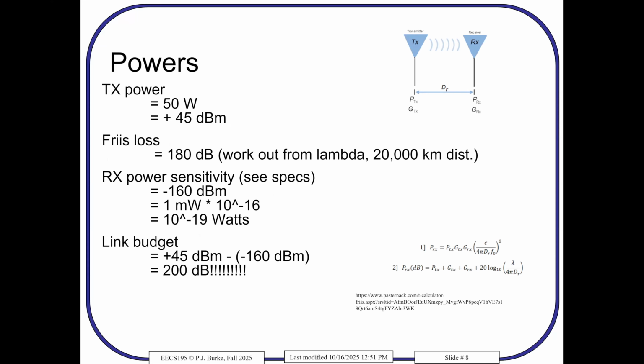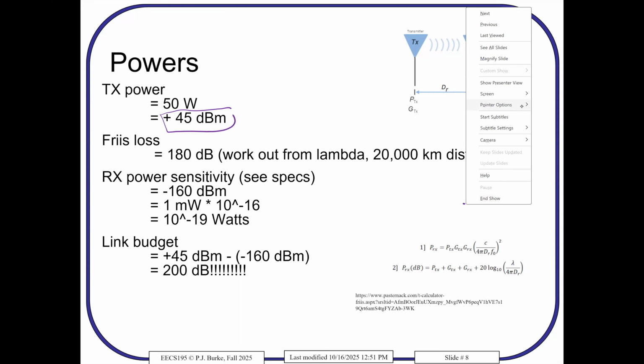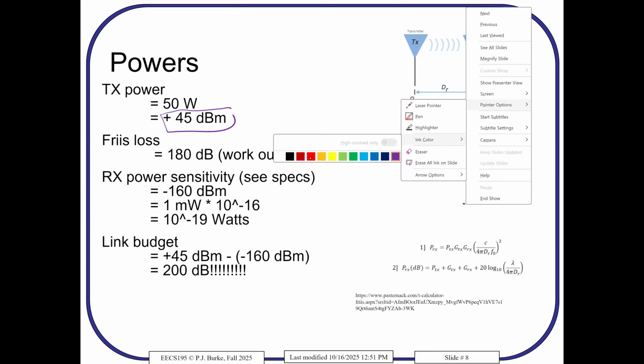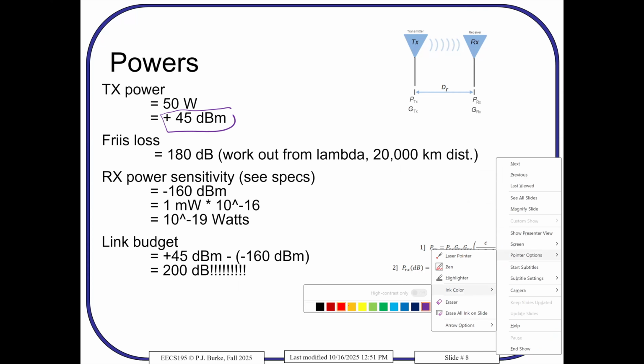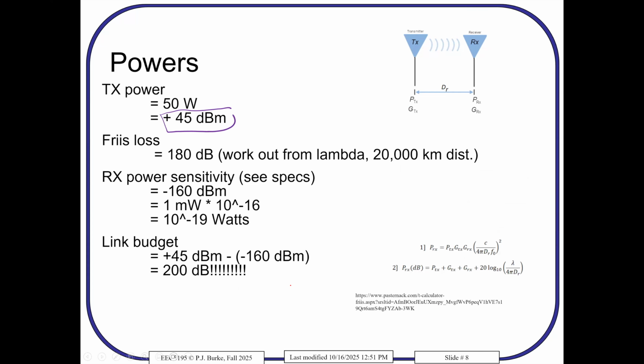Now, I would think that satellites would put out a kilowatt of power because it seems like it should be possible. But in practice, GPS satellites only put out about 50 watts of RF power. So that's plus 45 dBm in dBm units. And it's an interesting exercise to work out the signal and noise at the Earth.